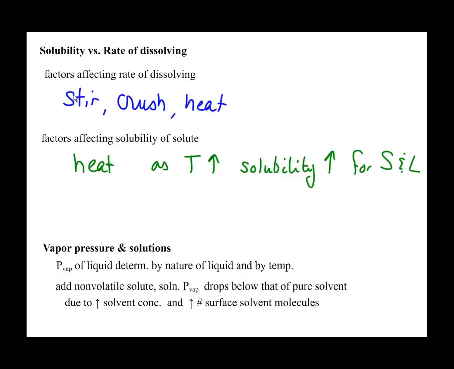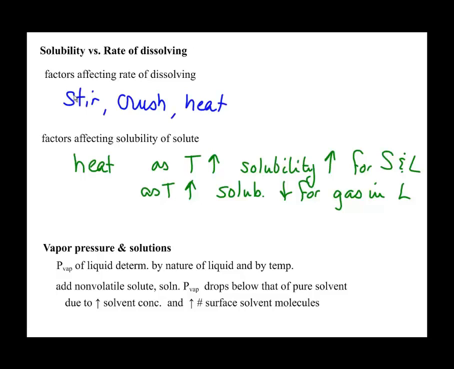And hopefully you realize that one of the things that happens is if you cool down a soda, it'll stay carbonated longer. Heat will decrease the solubility of a gas in a liquid. As the temperature increases, the solubility decreases for a gas in a liquid. Pressure is also a factor when you're looking at the solubility of gases, which is why soda and beer and champagne are pressurized.